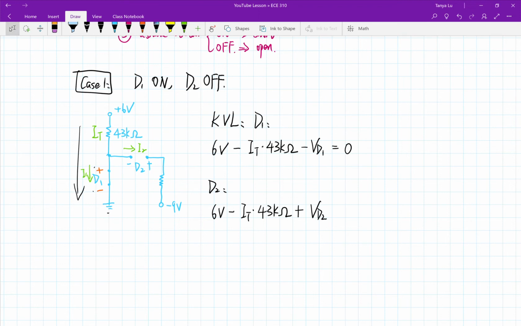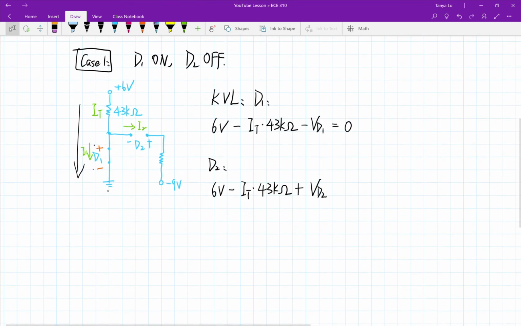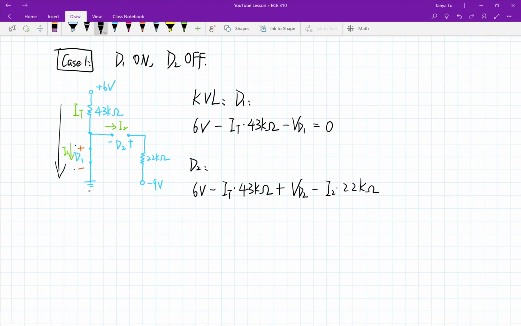And then, oh, sorry, I forgot the resistor here is 22 kilo ohms. So we have minus I2 times 22 kilo ohms. Then I have minus 9. It might throw you off, but we always minus 9. I don't care if it's plus or minus, I just subtract it. Then equals 0. So there's my two equations.